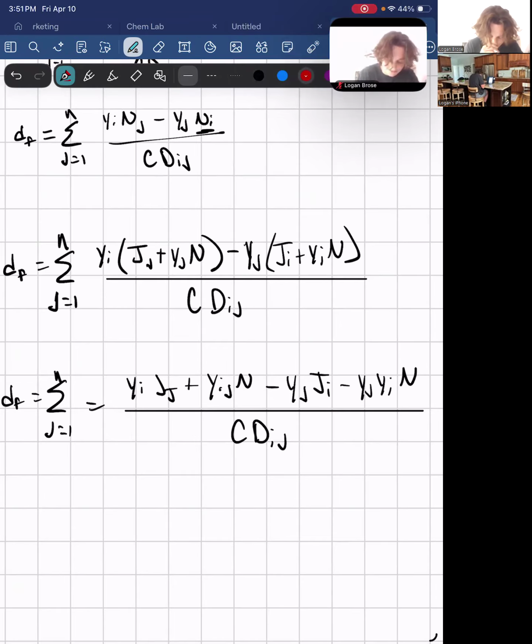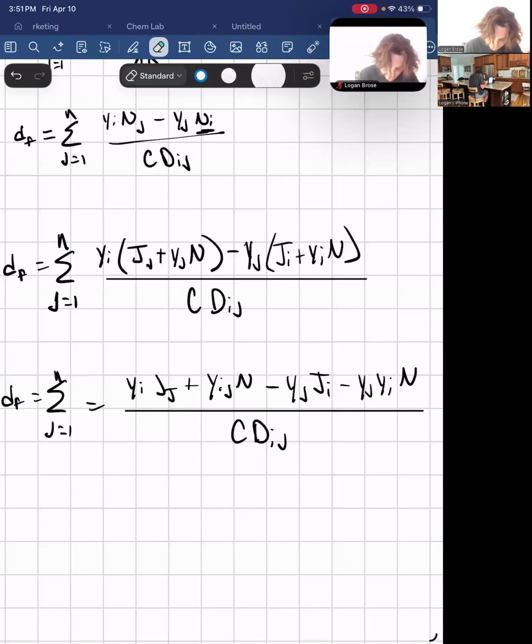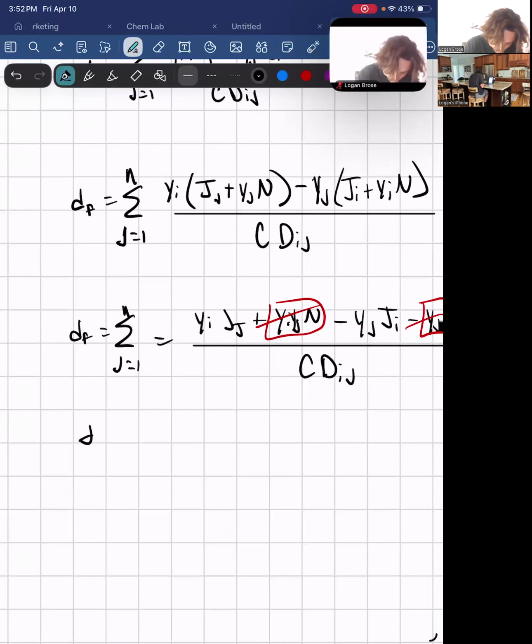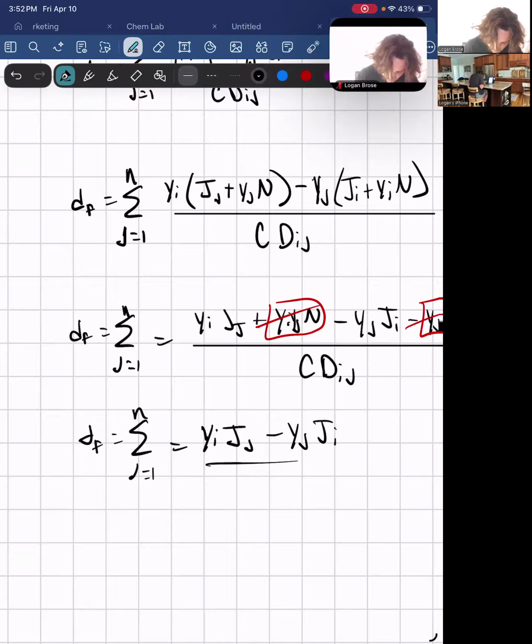When we look at this, oh, I missed a y here. This is y_j. These two terms are the same, so they cancel out because we have our negative sign here. And so that then makes this equation d_F equals (y_i J_j minus y_j J_i) all over C D_ij.